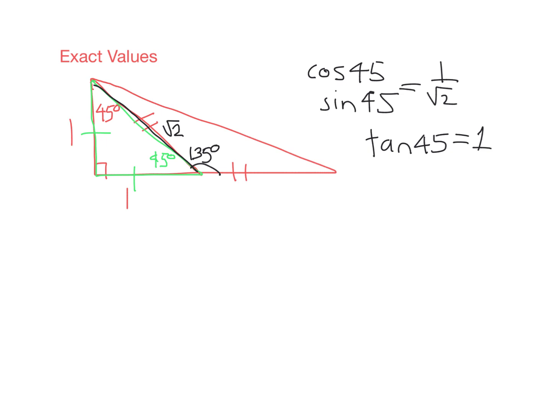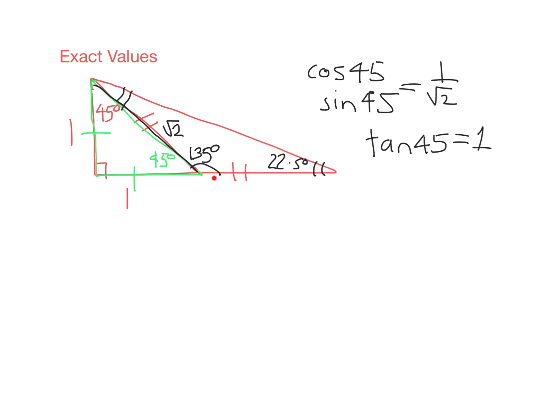If a triangle has two equal sides, it has two equal base angles. So this angle here and this angle here are both going to be equal to 22.5 degrees, because 135 plus 2 times 22.5 is 180 degrees. We can now calculate the exact values of sine, cos, or tan of 22.5 degrees.